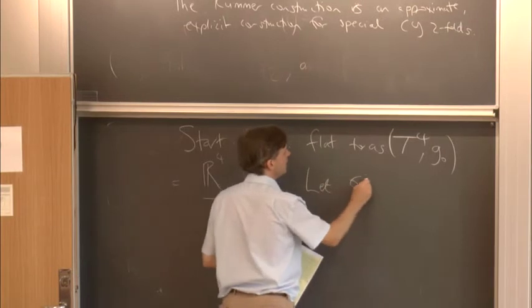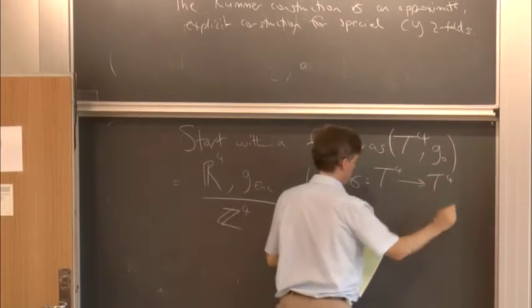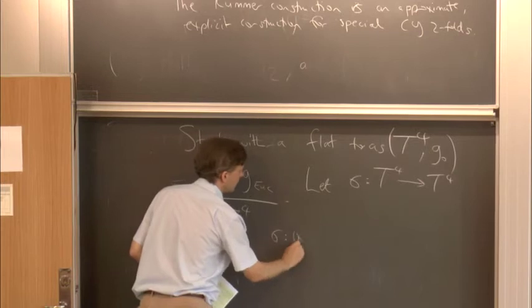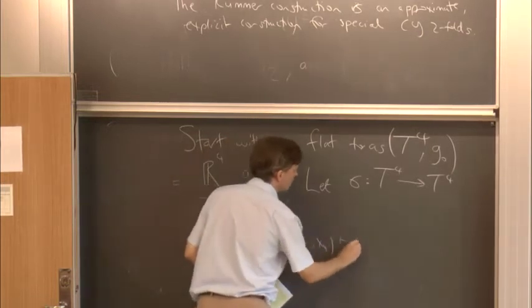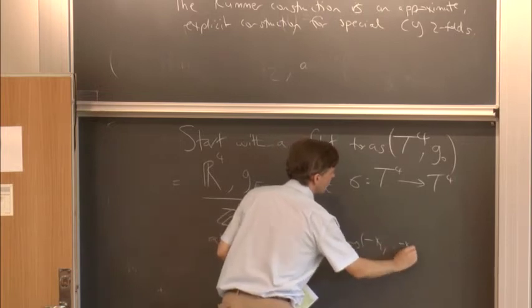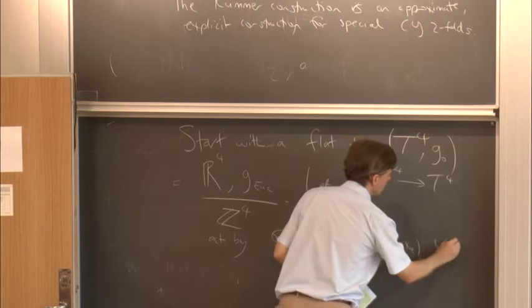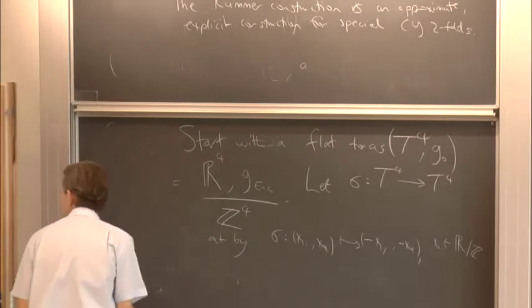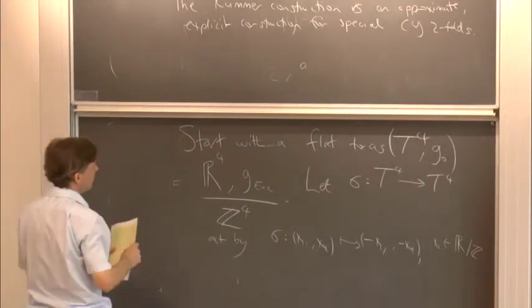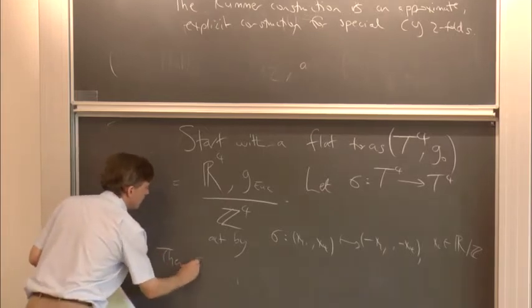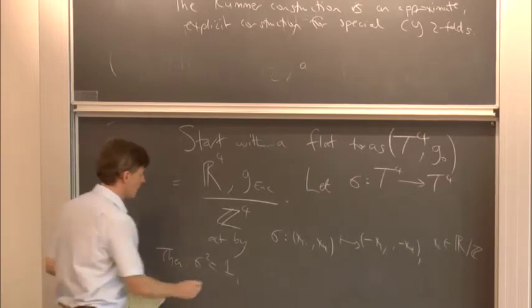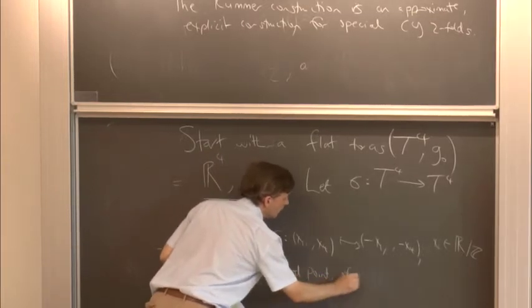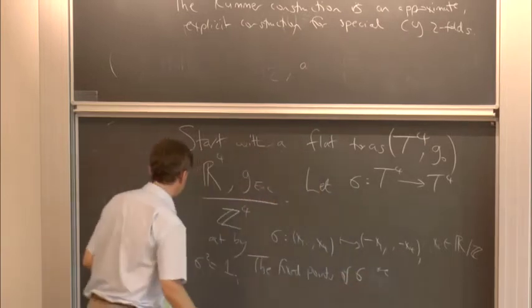Let sigma going from T^4 into T^4 act by sigma taking (x1, ..., x4) to (-x1, ..., -x4), where the xi lie in R over Z. Then sigma squared is the identity, and the fixed points of sigma are 16 points.